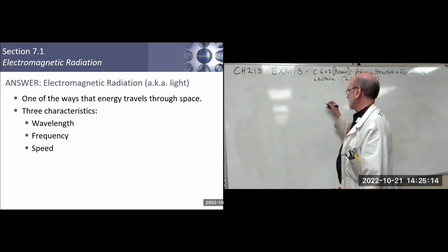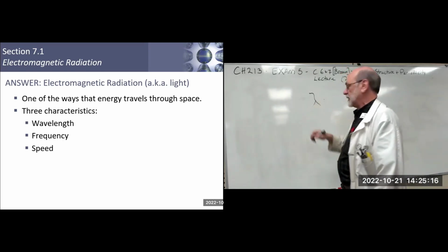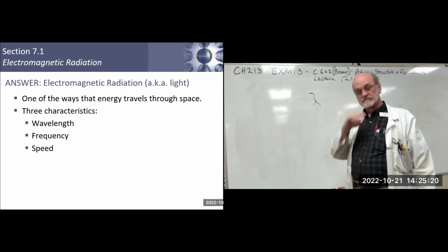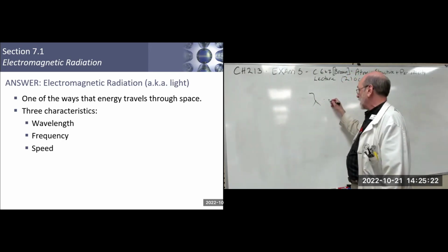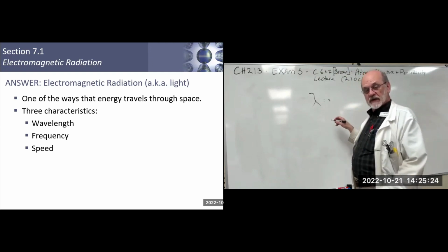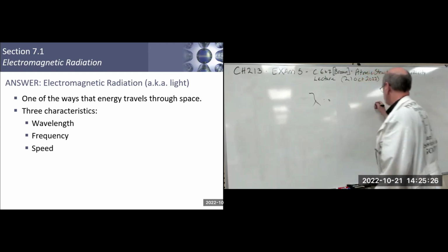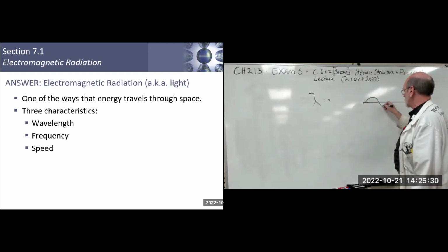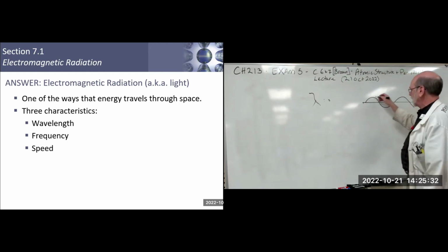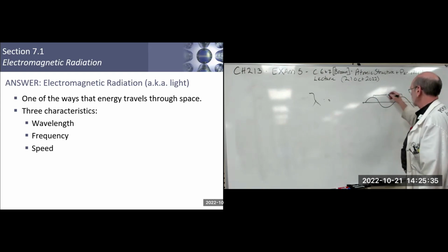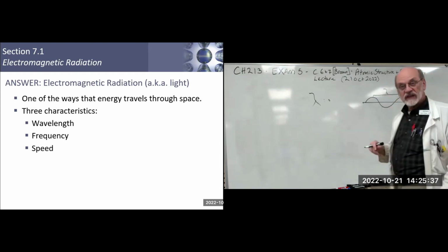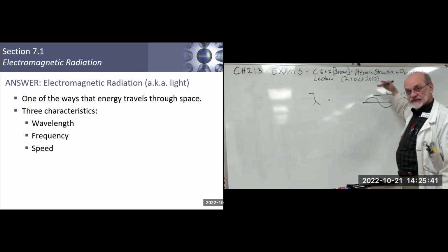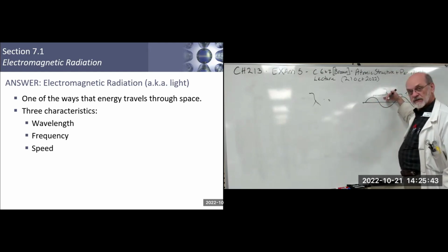One is wavelength, and we use the small Greek letter lambda for wavelength. Wavelength is the distance between, if this is our sample wave, the distance between here and here is 1 wavelength. So it's the hump on this side of the mid-range.